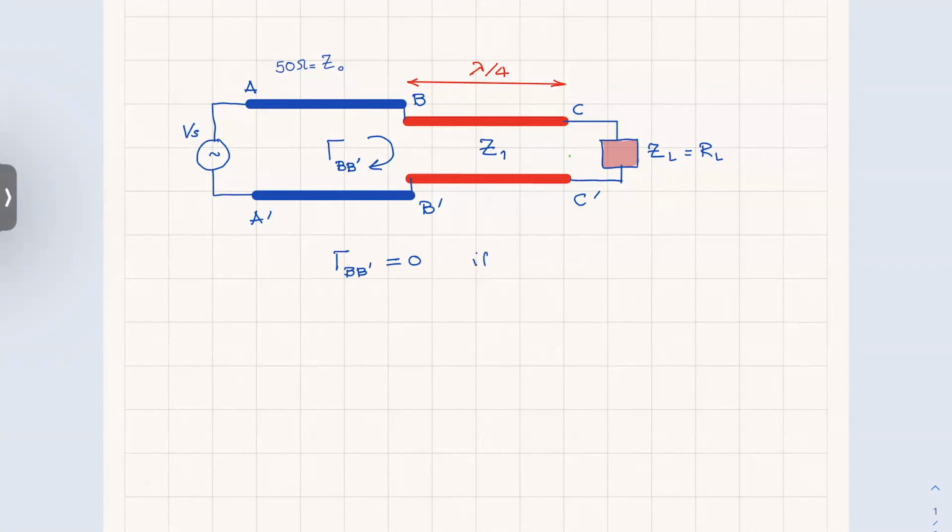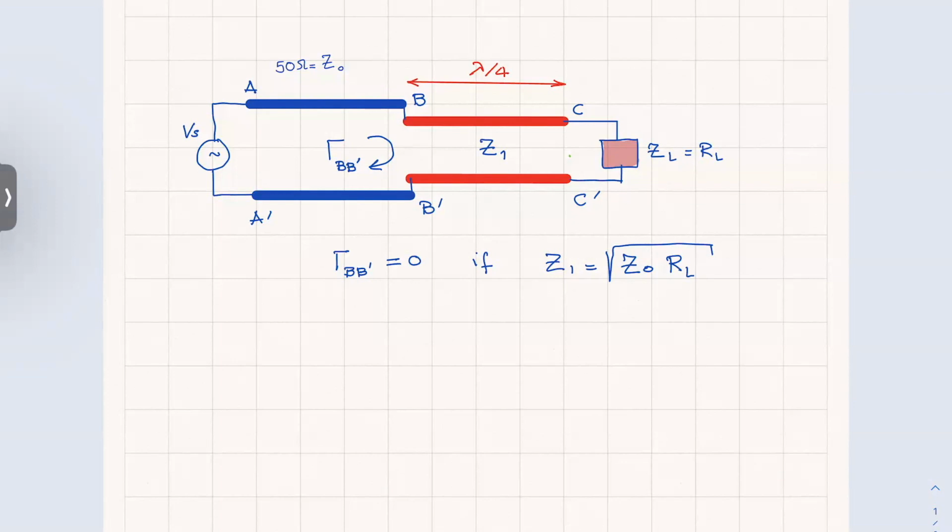This happens if the length of the line is a quarter of a wavelength and Z1 is nothing else but the square root of the product of the characteristic impedance of your input line Z0 and your load RL. That's why the load has to be real, all right?